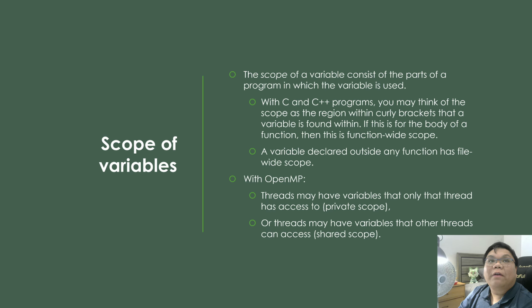If you have a variable that is defined as part of a function, that variable has function level scope. If it's outside, you have file-wide scope. With OpenMP, you can either have variables that only a single thread can access, so that's private scope, or you might have variables that multiple threads can access, so that's shared scope.